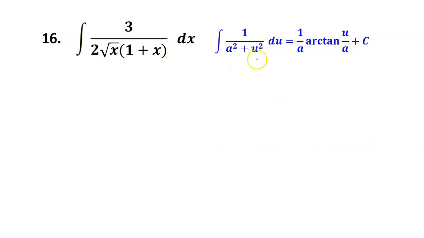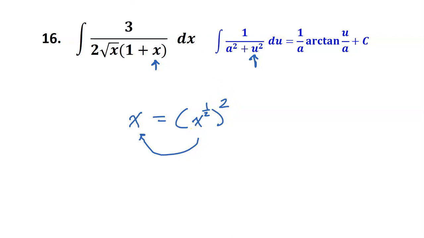If I'm going to use this rule, I need something squared right here. Instead of just a plain x, I need to rewrite this somehow as something squared. So how can I rewrite x as something squared? Well, if I had x to the 1/2 power, and then I squared it, wouldn't that be the same thing as x?